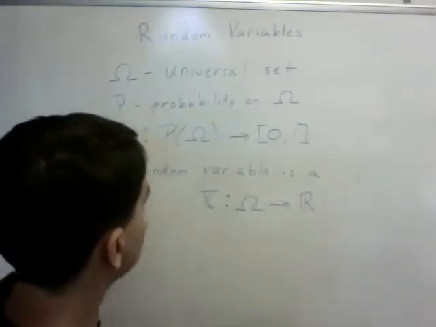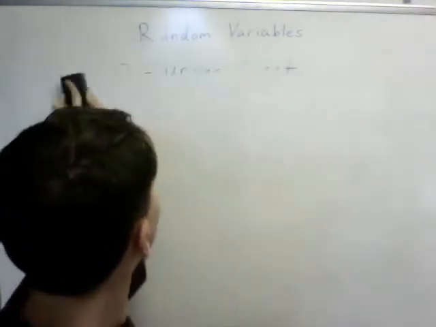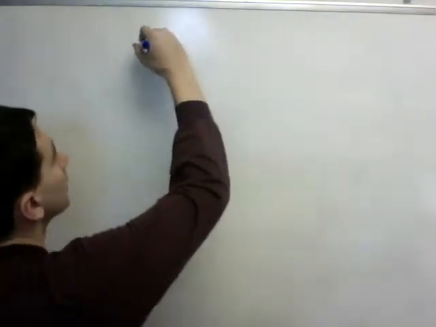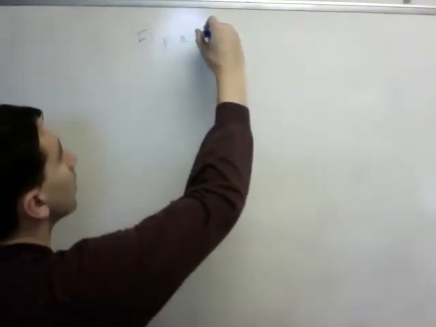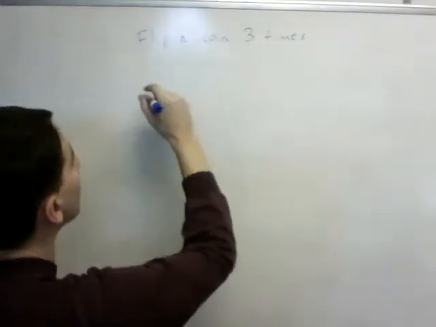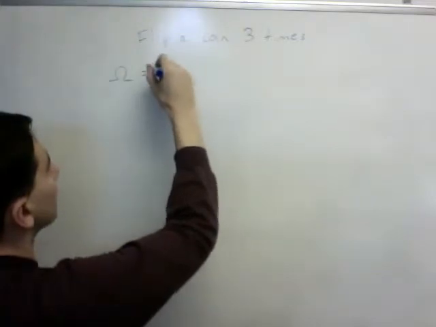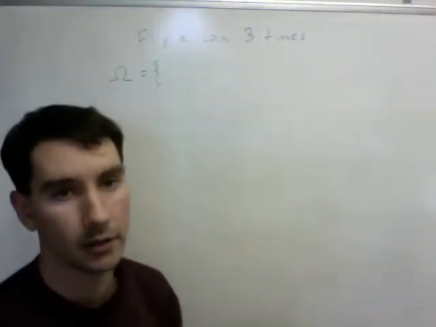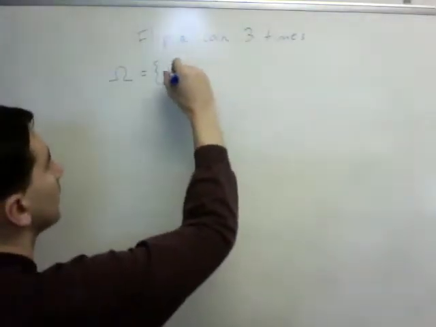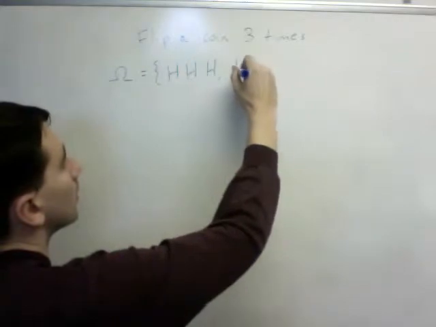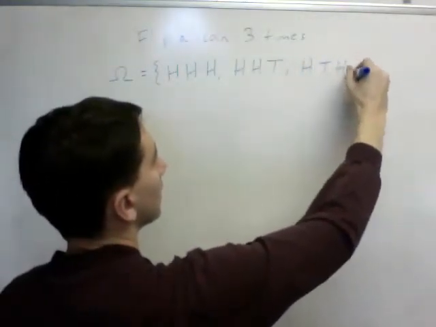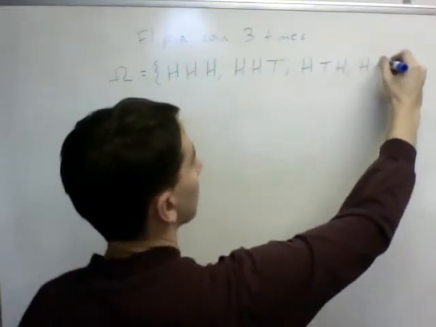So let's do an example. Say we flip a coin 3 times. So omega, the universal set, is the set of all outcomes of coin flips. There's 8 outcomes for 3 flips of a coin. We could get 3 heads, heads heads tails, heads tails heads, and heads tails tails.